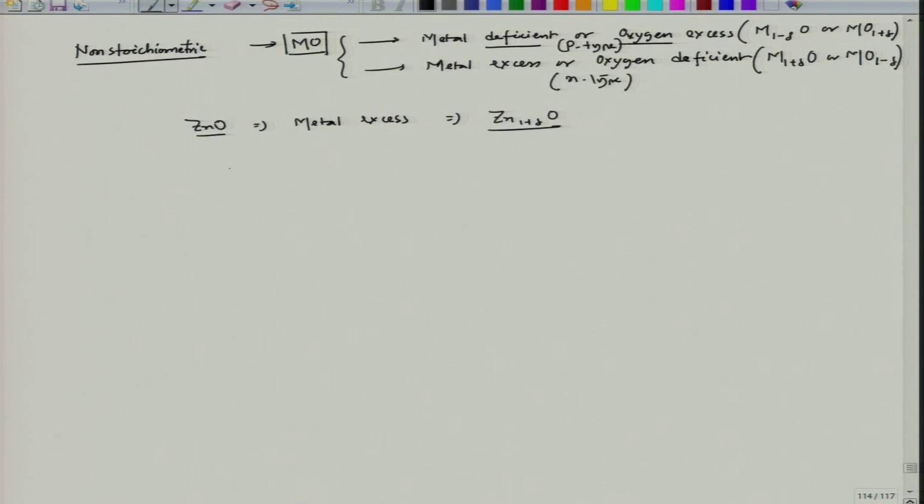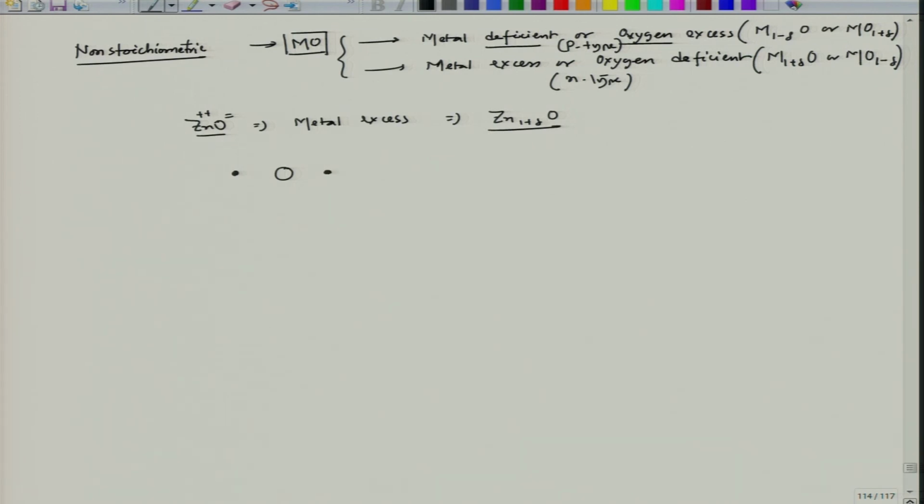So, if I try to do a very simple arrangement of these cations and anions, I can put cations to be a small dot and anions to be a big circle, because anion has greater size in this particular case.